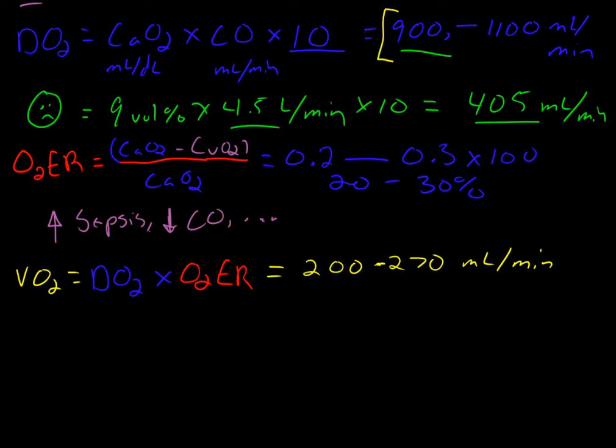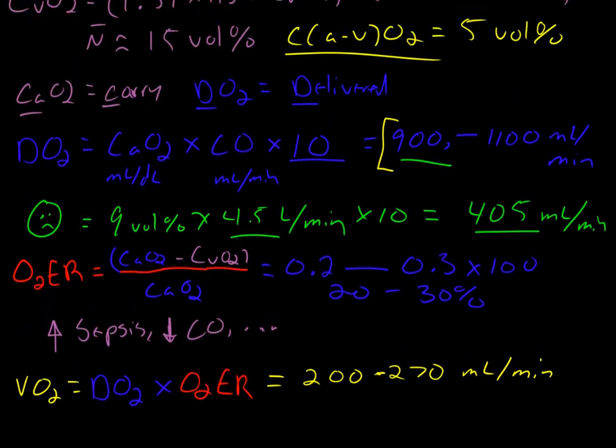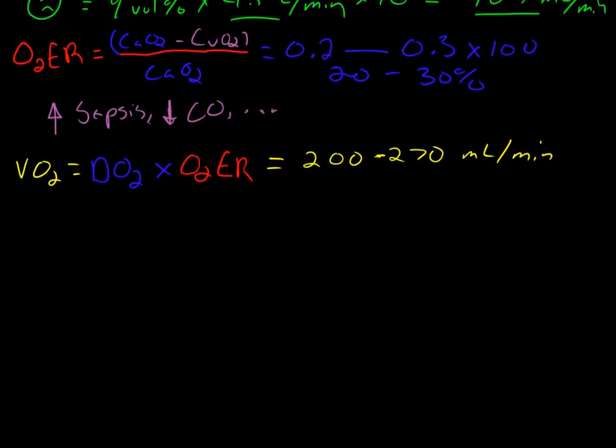You see up here at the top, the DO2, what was that, 900 to 1100 mLs per minute, the delivery of oxygen to the tissues. And the oxygen used by the tissues in a normal metabolic state, not exercise, not fever or anything, is 200 to 270 mLs per minute. So you can see that more oxygen is delivered than what we need. And it's usually on a ratio of 4 to 1. In a normal state, it's 4 to 1.